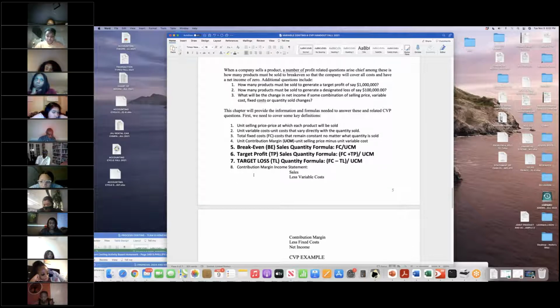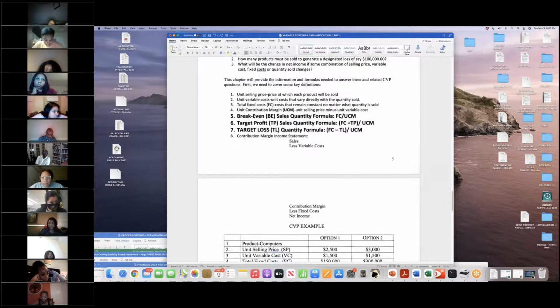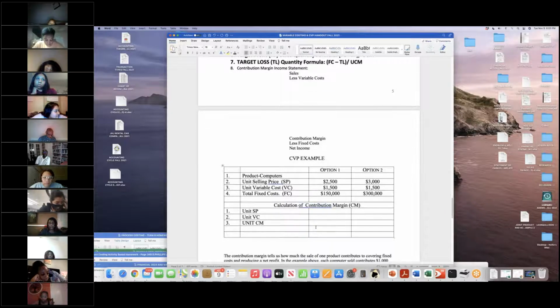So once again, you see this contribution margin income statement. Sales, less variable cost, gives us contribution margin, less fixed costs gives us a net income. So let's look at an example of what we're talking about.